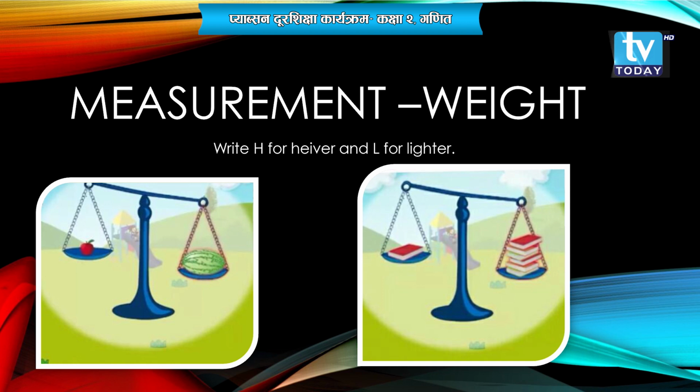Here, the first question is: you need to write H for the heavy and L for the lighter objects. Okay, first picture. Have you seen this one? Here are two fruits in the first picture, right? What are those two fruits? On one side there is the apple and on the other side there is the watermelon. So students, guess it.